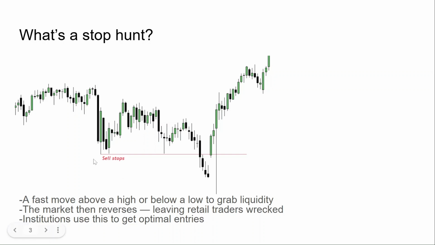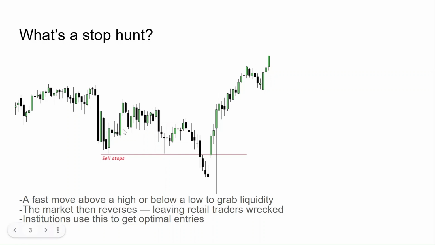Institutions also manipulate the liquidity sweep right here to trap traders, because in these markets, for someone to make money, someone else has to lose money. Many retail traders will see this level right here as support.